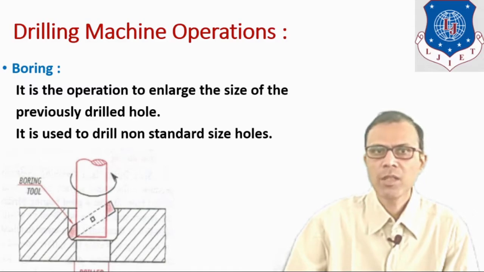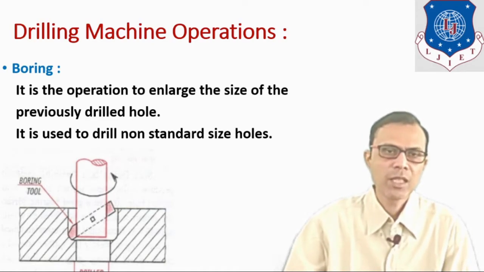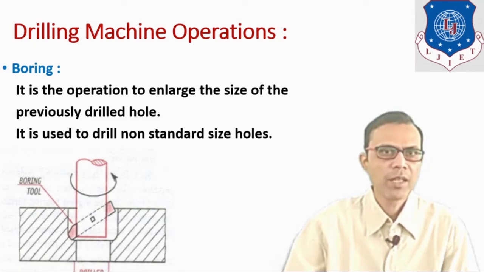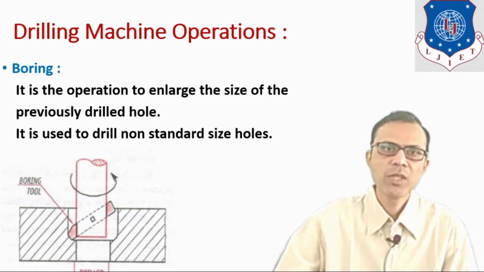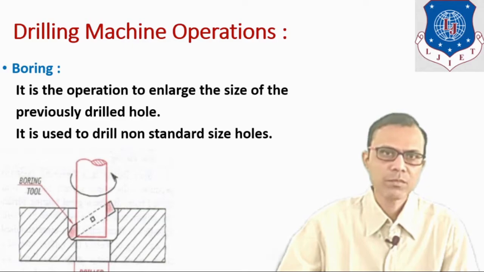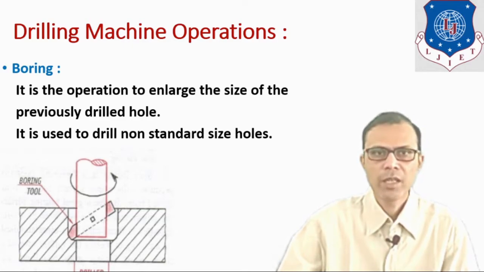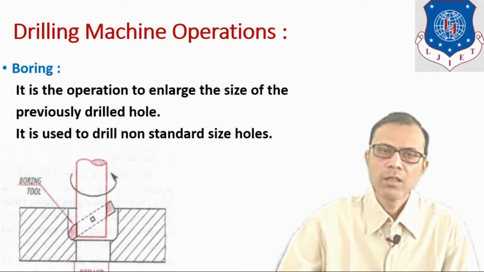In this type of case, first of all, the hole is produced by the 1 inch drill bit, that is 25.4 mm, and after producing this hole, a boring tool is used to make the required size of the hole, that is 27 mm. So it is the operation to enlarge the size of a previously drilled hole. The tool used is known as the boring tool. Here the speed is reduced as compared to the drilling operation.